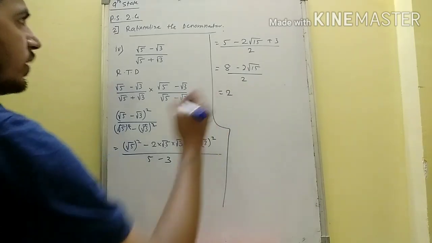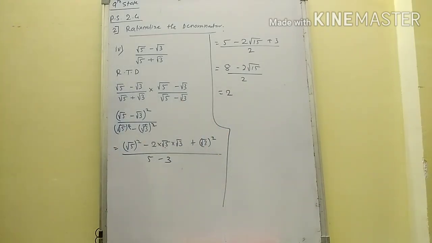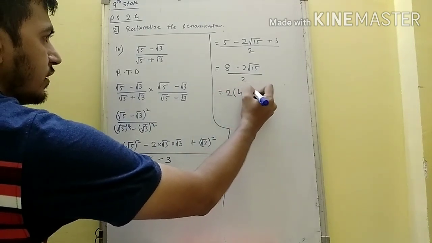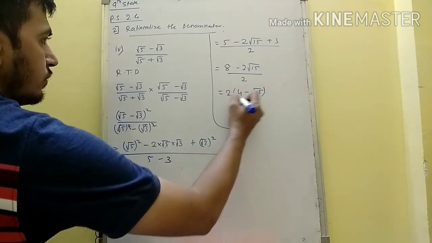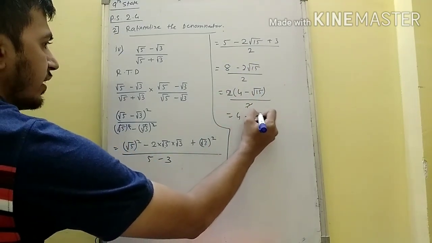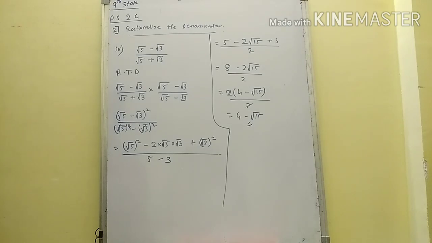When I take 2 common, okay, you can take common in the previous sum also, but I didn't do it. So 2 4s are 8, 2 gets cancelled, the final answer is 4 minus square root of 15. So this was the last question of practice set 2.4.